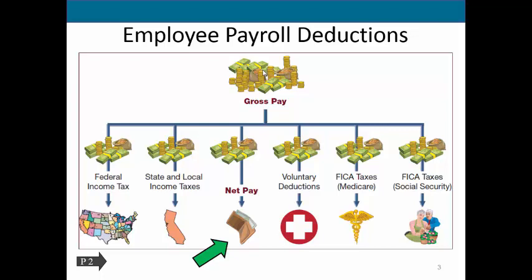So you can see here a company will withhold certain things from a company's gross pay. And when they withhold these things, this is money that is owed to the employee. However, they're doing a service for the employee by withholding these items. And you may be thinking, well, how is it a service if you withhold money from me?